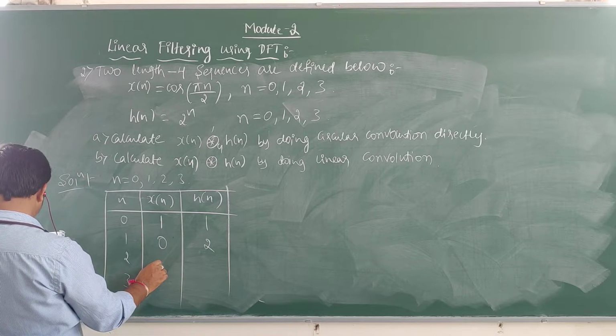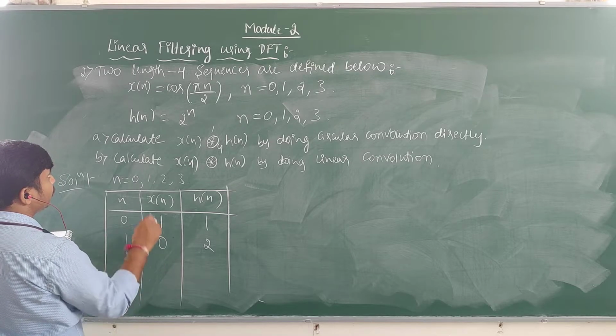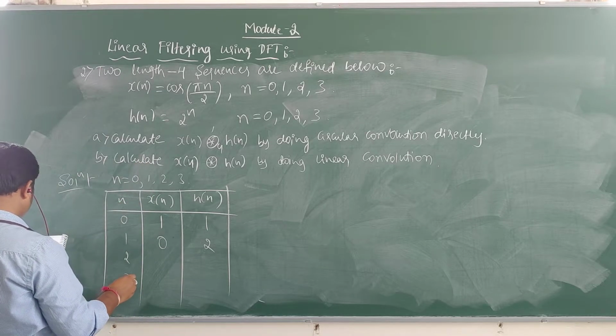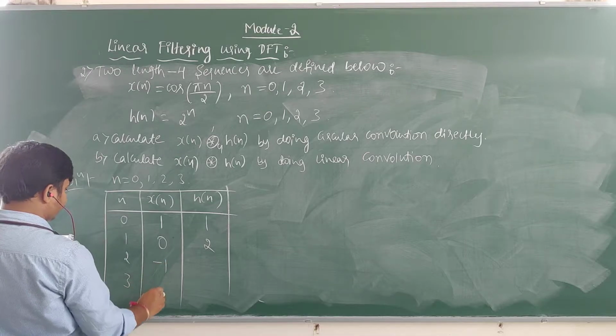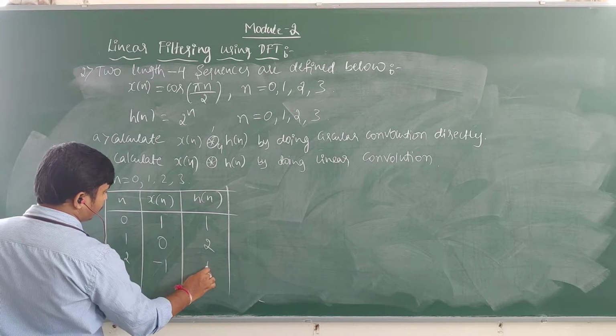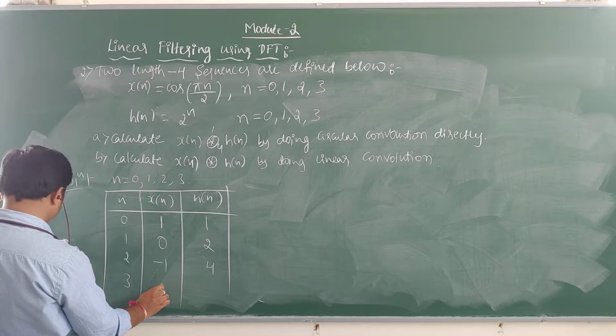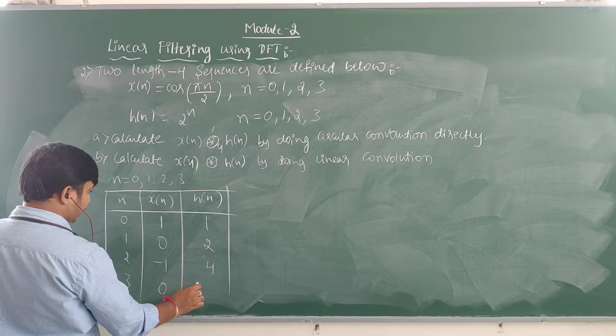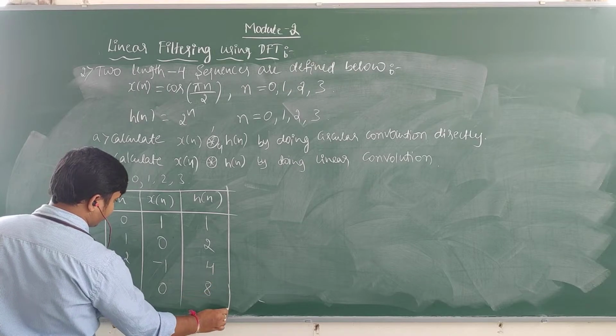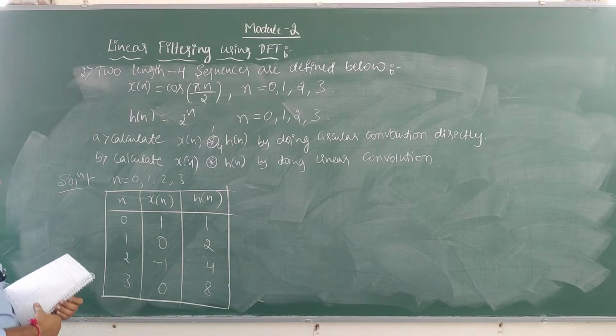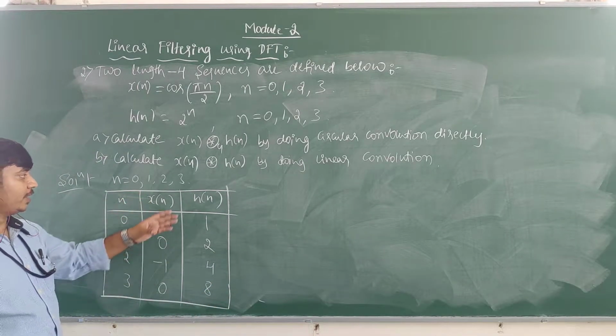Again cos of pi by 2 into 2, the 2s cancel, so cos pi is equal to minus 1, and 2 power 2 is equal to 4. Again cos of pi by 2 into 3 is equal to 0, and 2 power 3 is 8. Now I got the sequences x of n and h of n.